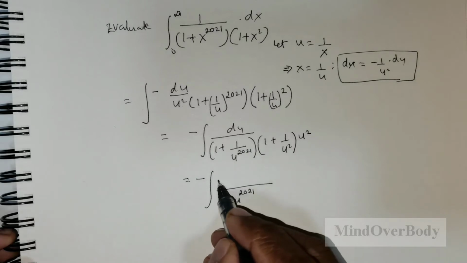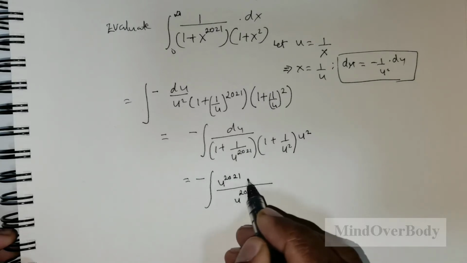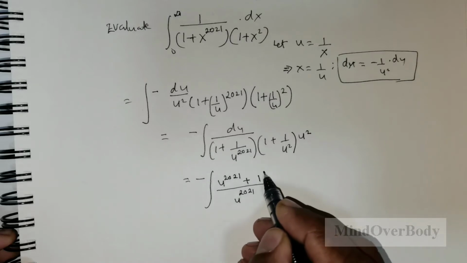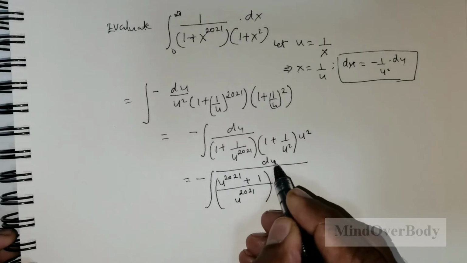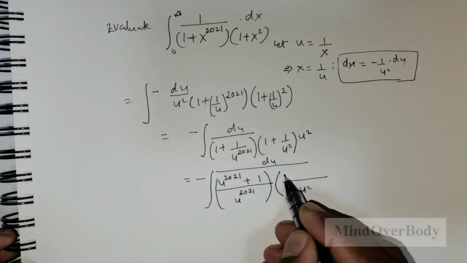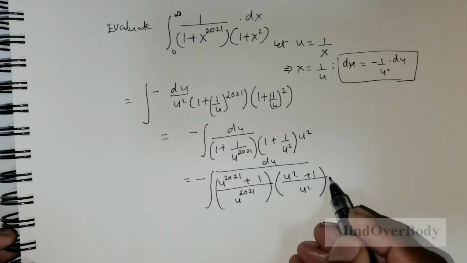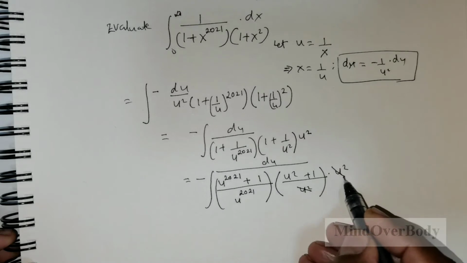That would give me u^2021 + 1 for the denominator. Of course, in the numerator you have du. Similarly, taking the LCM as u squared, I would have u^2 + 1, placing this u squared there. Now clearly the u squareds can be cancelled.